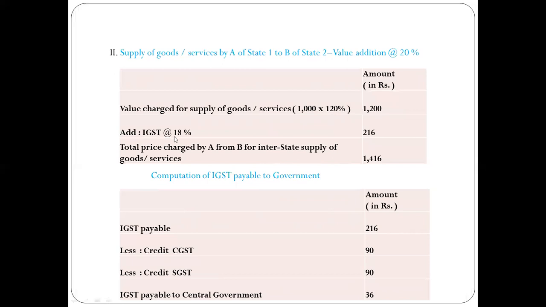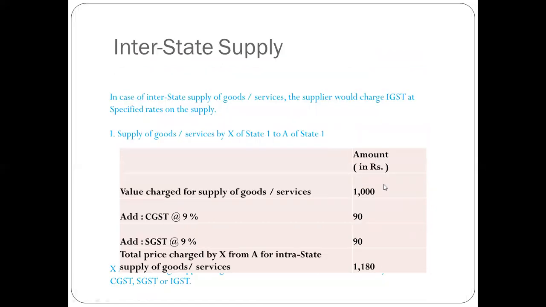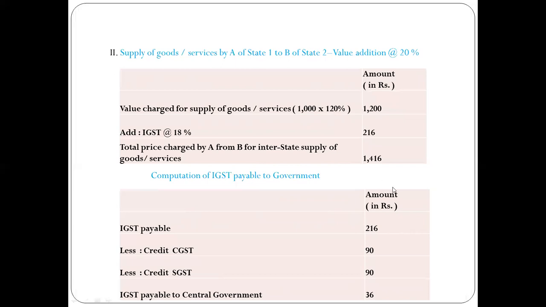I add IGST at 18%, that is 216, and the total price charged by A from B for interstate supply of goods or services is 1416. Computation of IGST payable to government: IGST payable 216, less credit of CGST 90, credit of SGST 90, so IGST payable to central government is 36 rupees.